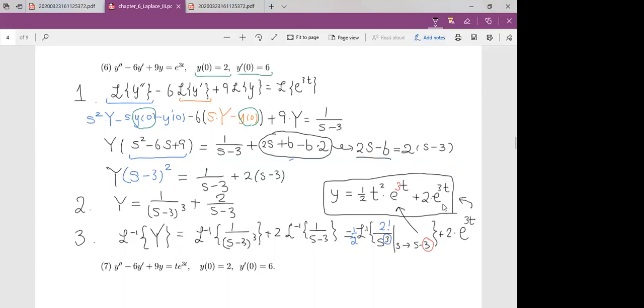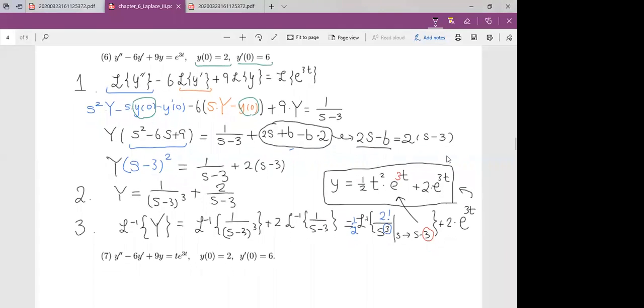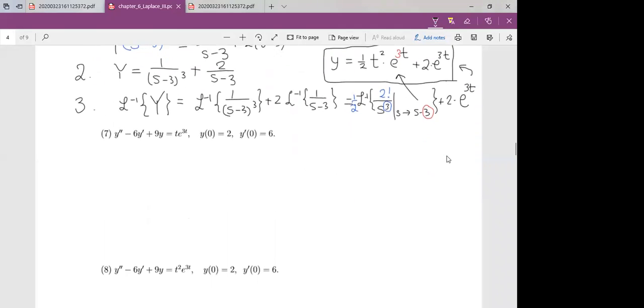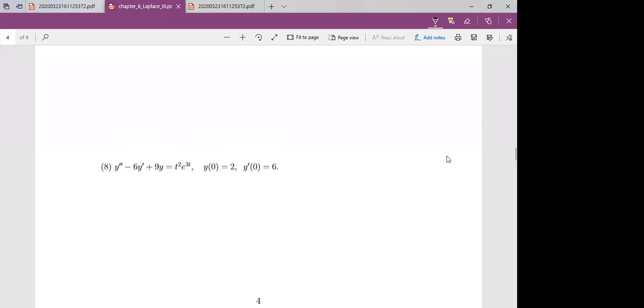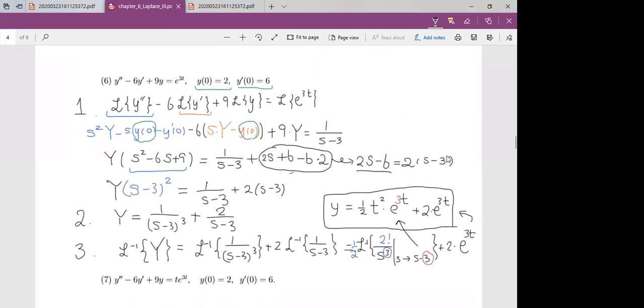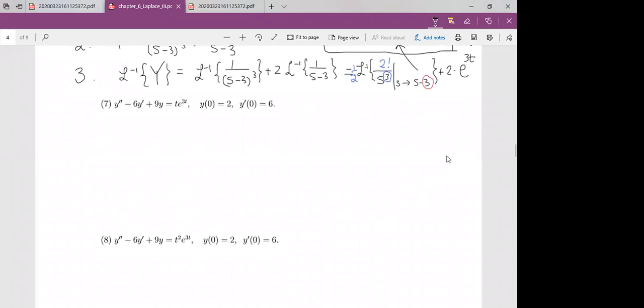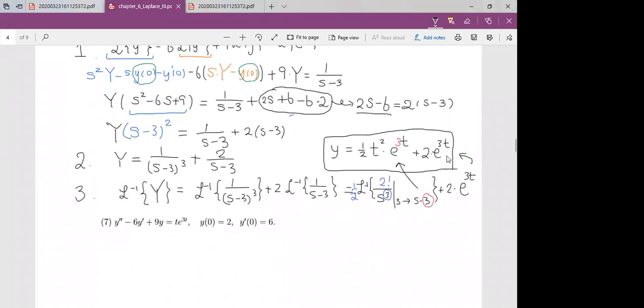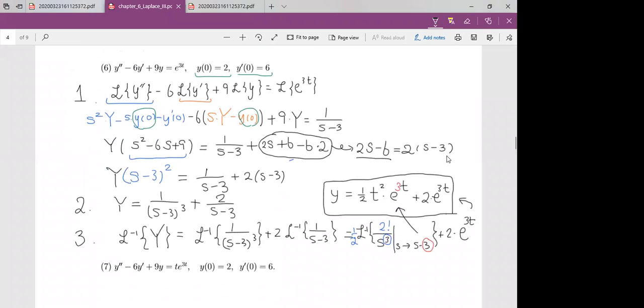Number 6 is quite an advanced problem in the sense that this right-hand side is quite long. Okay, and then number 7 and 8. I picked number 7 and 8 to compare 3 problems, number 6, 7, and 8. The left-hand side is the same: y double prime minus 6y prime plus 9y.